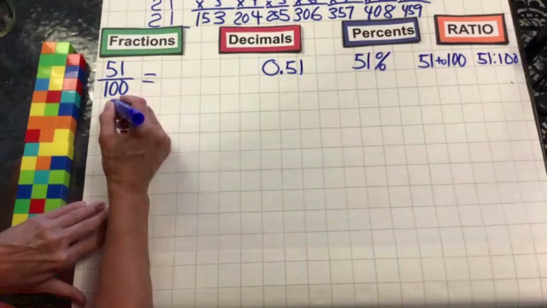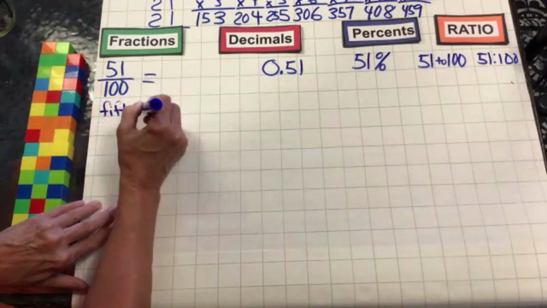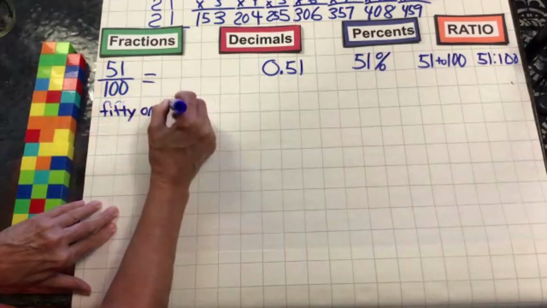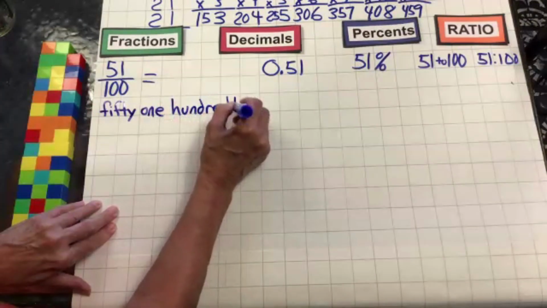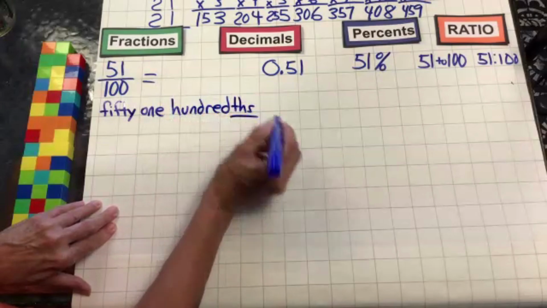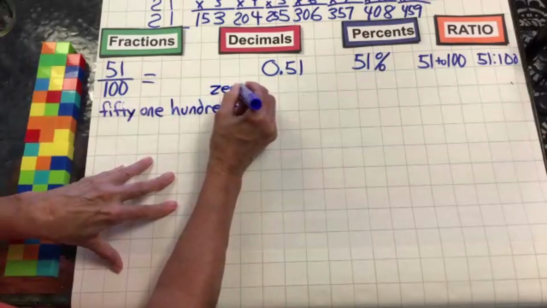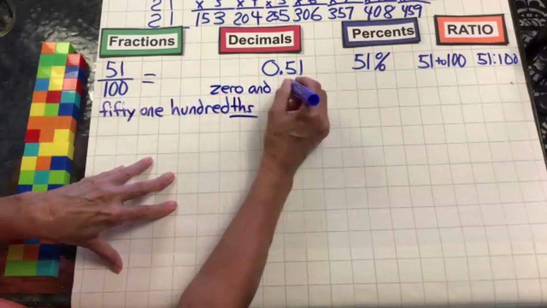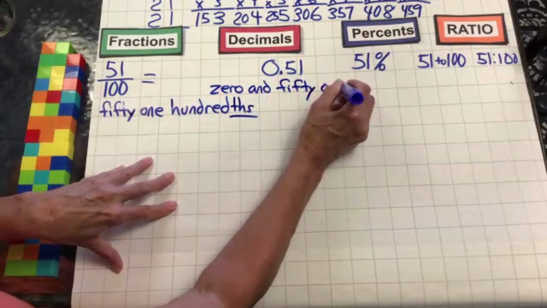And let's write this in words. So we would write it 51 hundredths. And remember, we're always putting that THS on the end. This would be 0 and 51 hundredths.